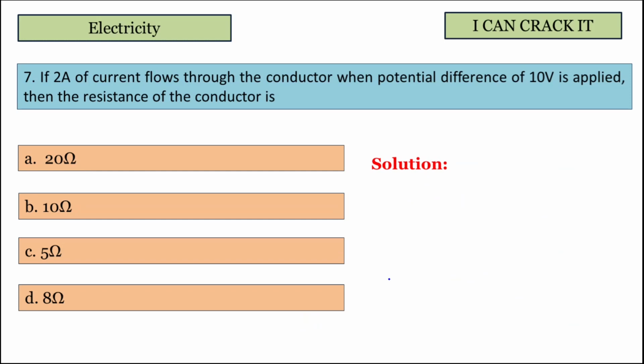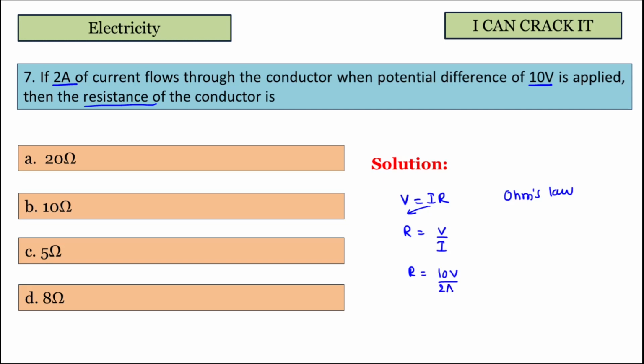If 2 ampere of current flows through the conductor when potential difference of 10 volt is applied, they are given current, they are given potential difference, then they have asked resistance. We know V equals I into R, according to which law? Ohm's law. Right. Now they have asked resistance. So what is R now? V divided by I we can write. How much V have they given? 10 volt.